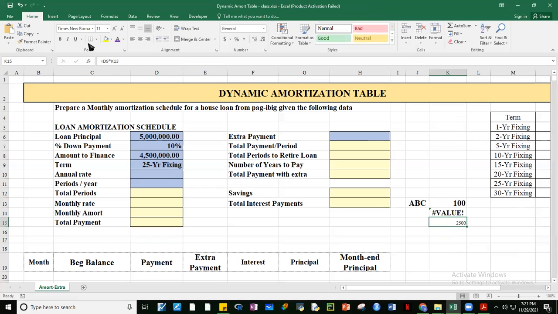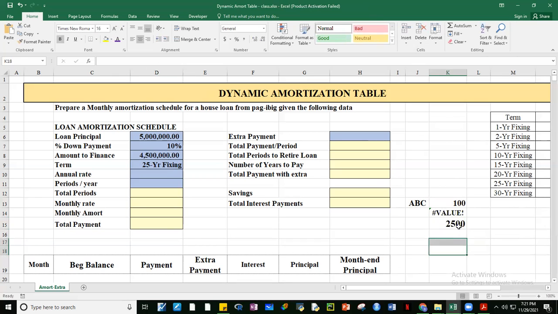Why can it, guys? I thought you can't multiply text. Why did it multiply this text in the value? Take a look at this, guys. 25-year fixing. What is the value of this in the formula bar? Is it 25-year fixing?